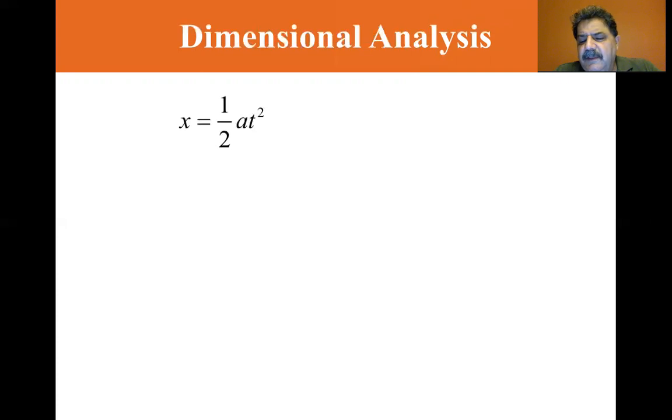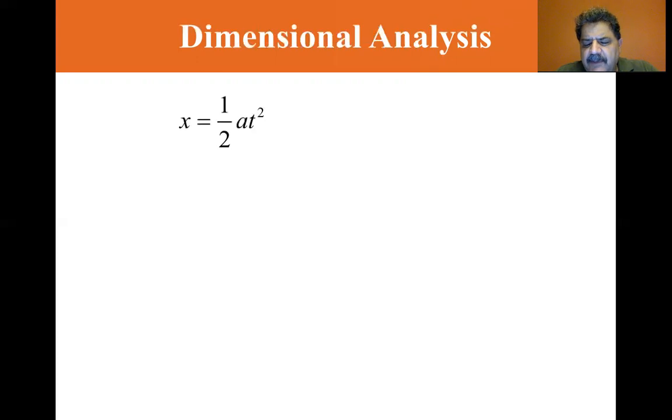Dimensional analysis can be used because dimensions can be treated as algebraic quantities. Quantities can be added or subtracted only if they have the same dimensions. Terms on both sides of the equation must have the same dimensions. So you use dimensional analysis to determine whether an expression has the correct form.